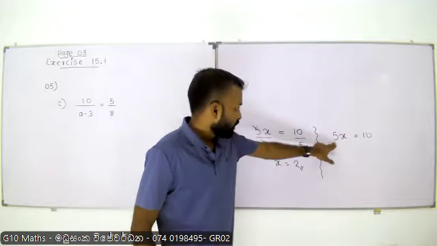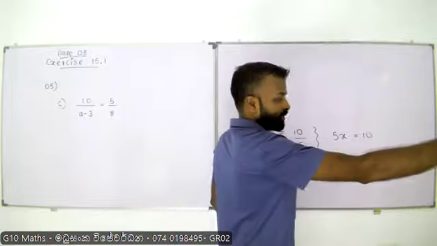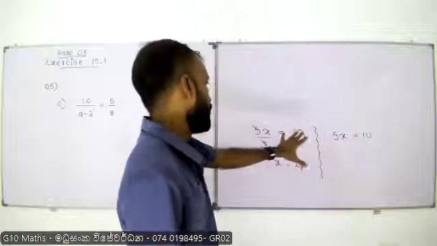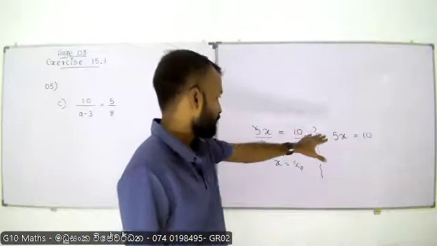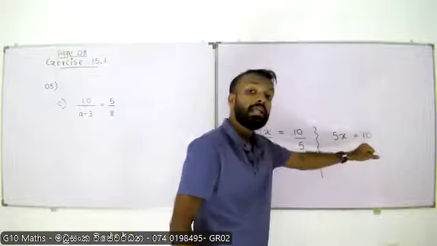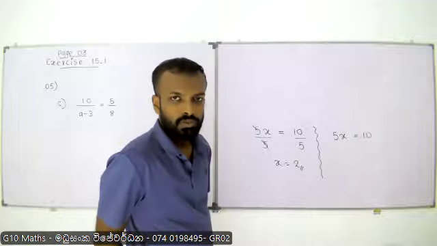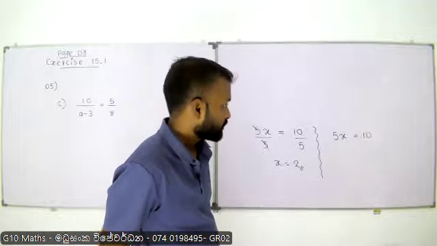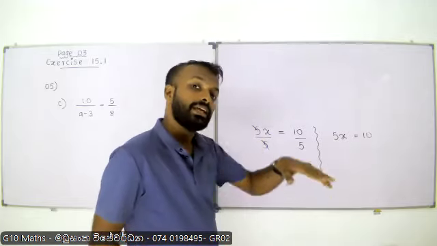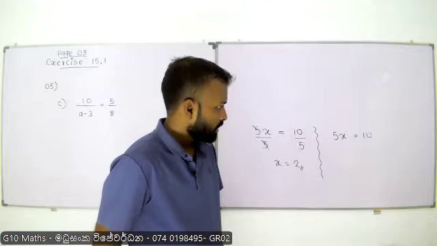Now, on my left hand side I have 5, and on my right hand side I have 10. In these situations you can perform this operation in a different but similar way.